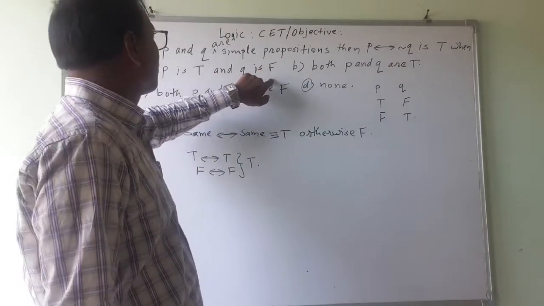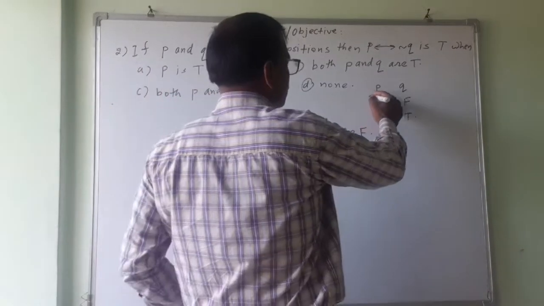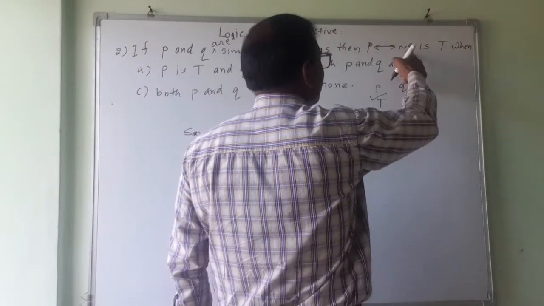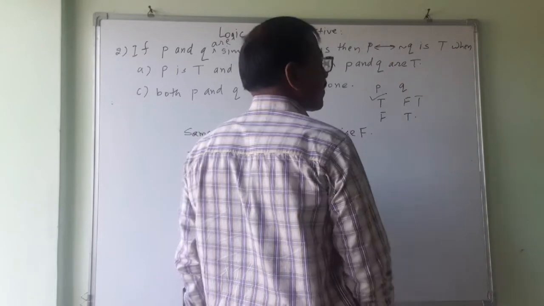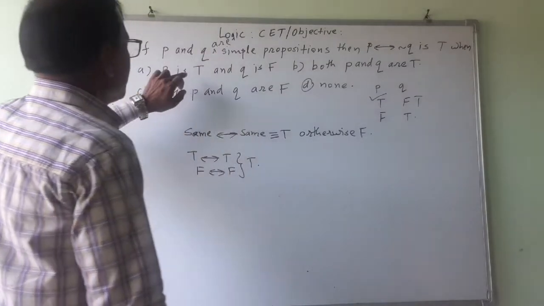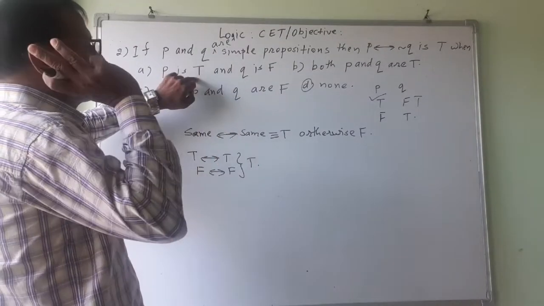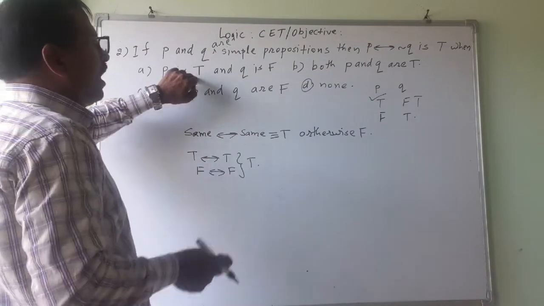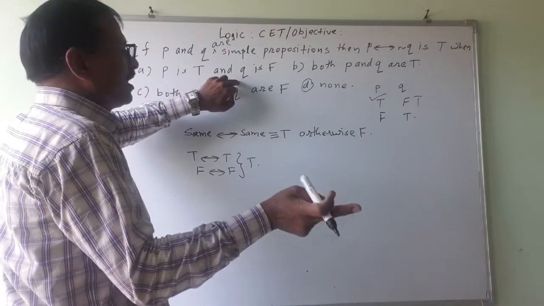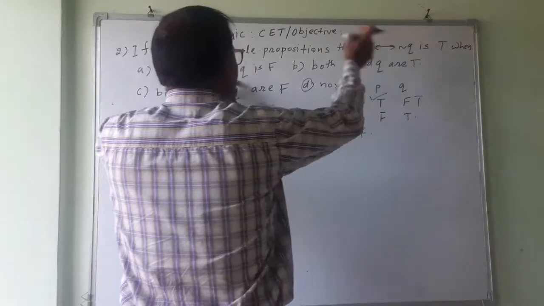This is one of them. P is true and Q is F. If Q is F, negation will become true. Just try to understand this. If P is true, the value of P is given. Then what would be Q? Q should be false. Then after doing negation, it will become true.